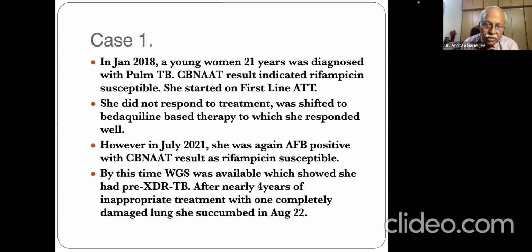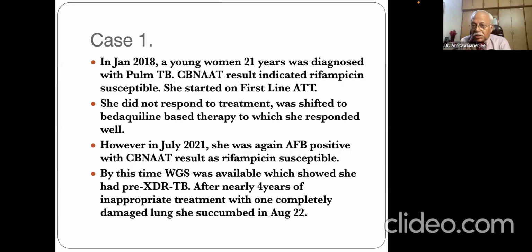However, in July 2021, she was again sputum positive, acid-fast bacillus positive, with CB-NAT results again rifampicin susceptible. By this time, whole genome sequencing was available, which showed she had pre-extensively drug-resistant tuberculosis. So it was very late. After nearly 4 years of inappropriate treatment, with one completely damaged lung, she succumbed in August 2022.